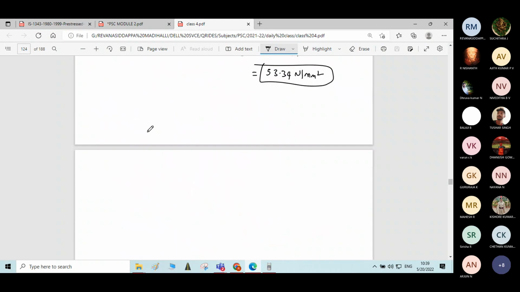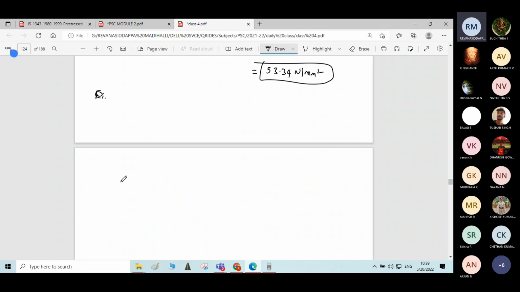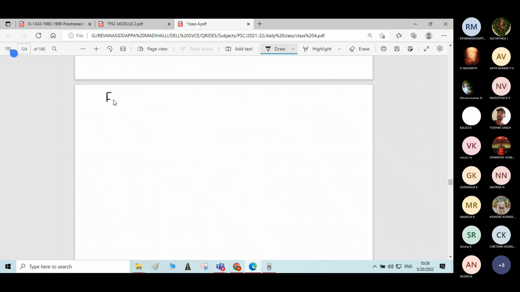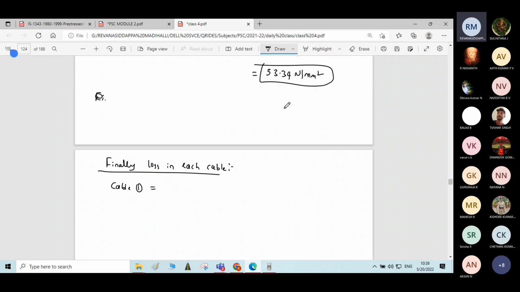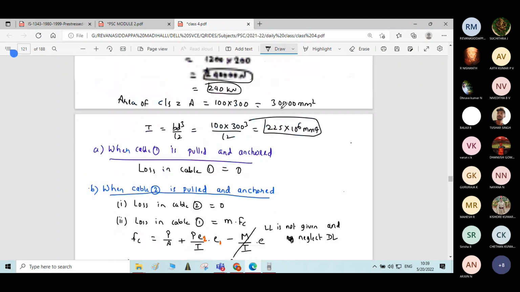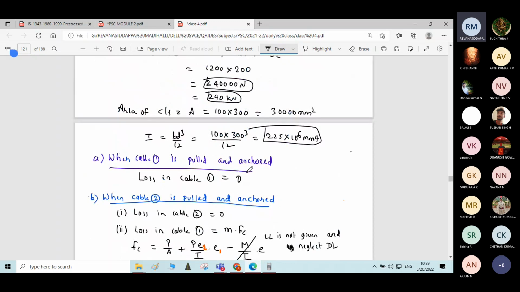Okay. Now, finally, you need to calculate the total loss in each cable. See, for cable 1, the total loss will be: when cable 1 is pulled and anchored, loss in cable 1 is 0.